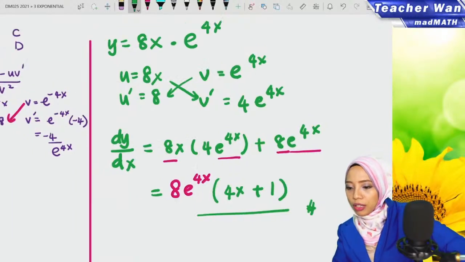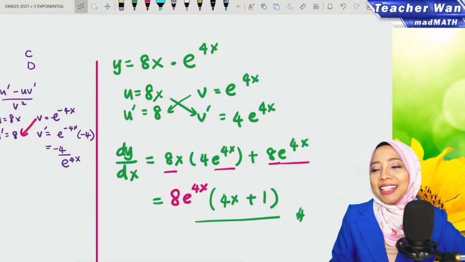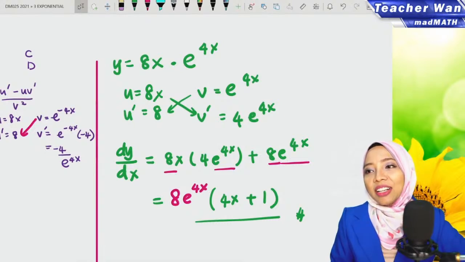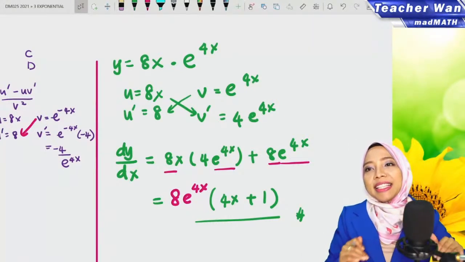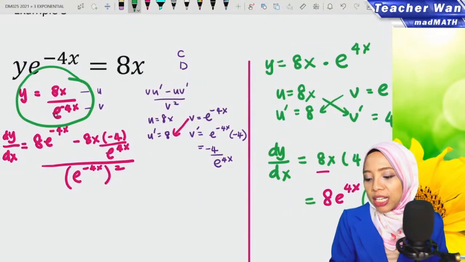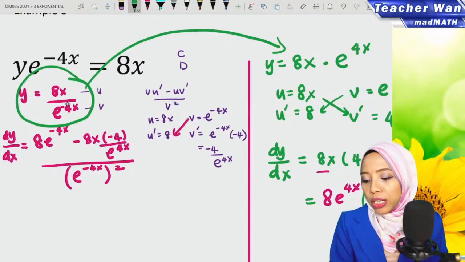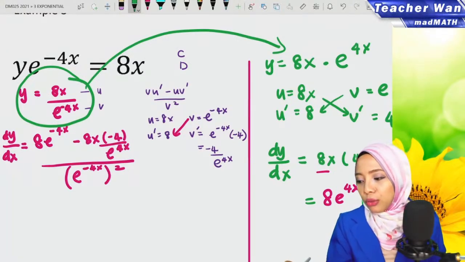Okay, so far, yes. This is a lot easier kan? Tulis comment, a lot easier if you change this function, this quotient rational function to this.